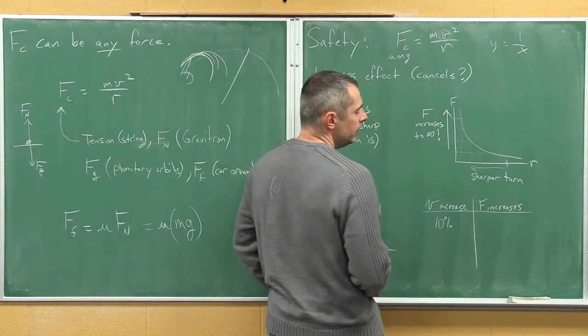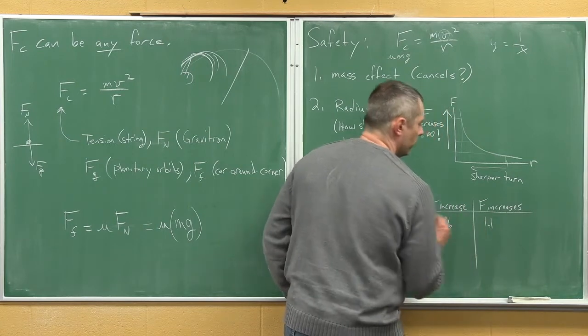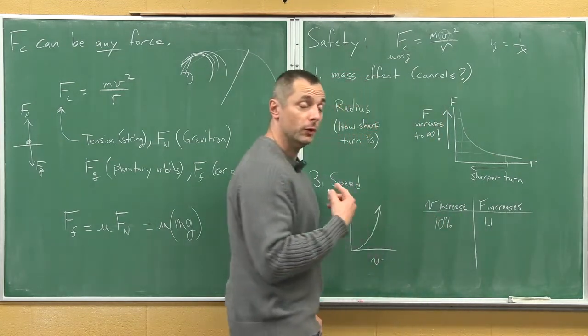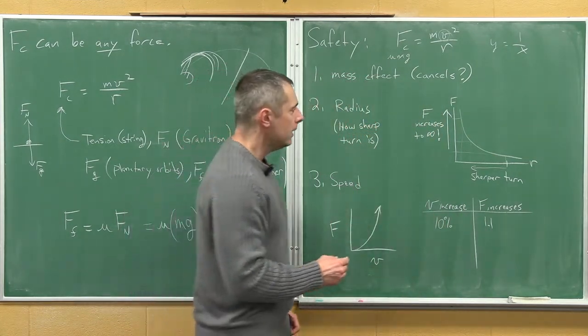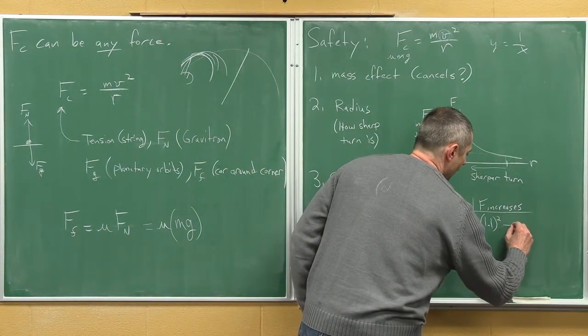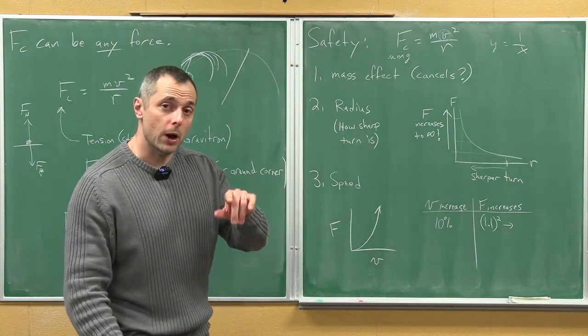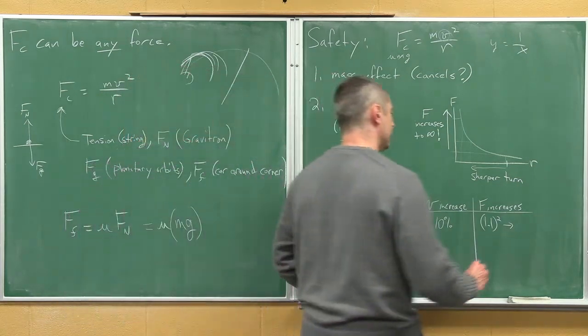Well, an increase of 10% is like multiplying a number by 1.1. 30 times 1.1 gives us 33. But it's a squared effect. So if you square that 1.1, put it on a calculator, see what you get. 1.1 squared gives you 1.21.